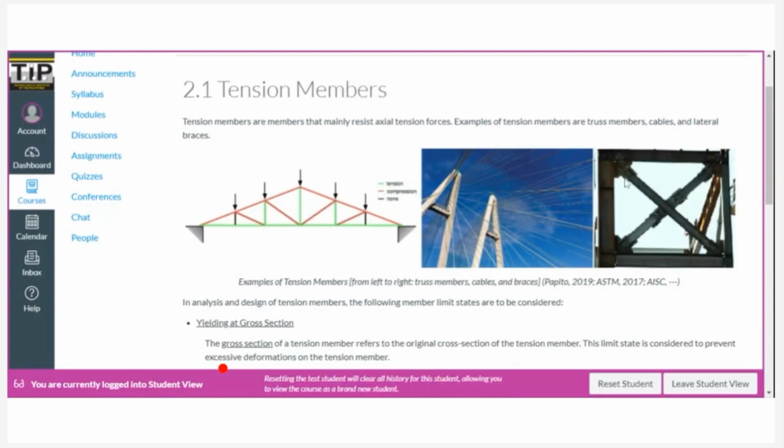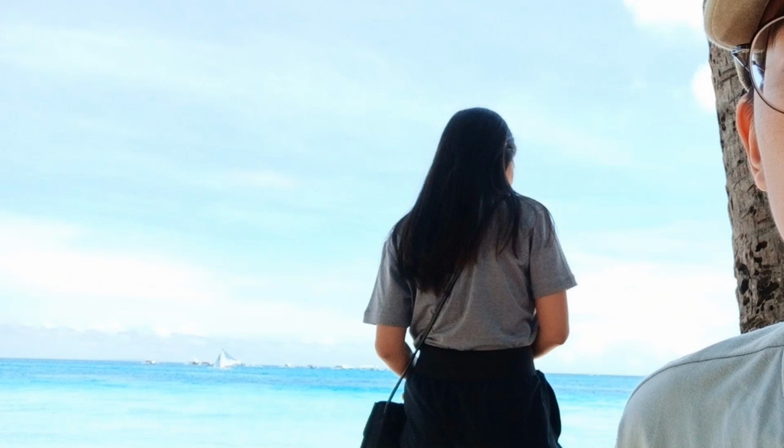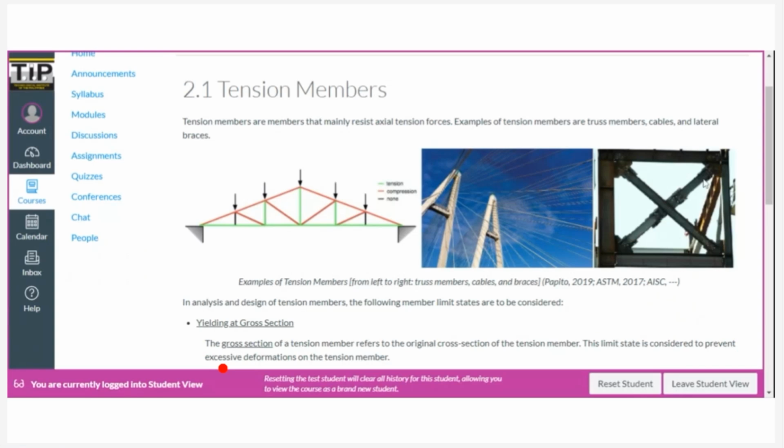Okay? So bracings may be subjected to either axial tension or axial compression. So there you go. These are some of the tension members that we encounter in structures.